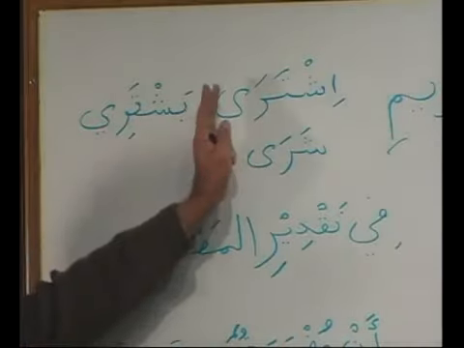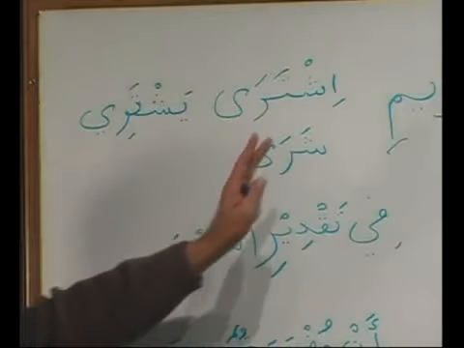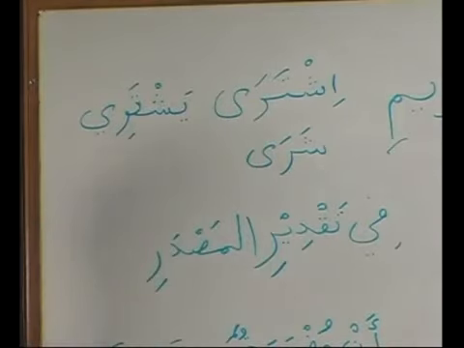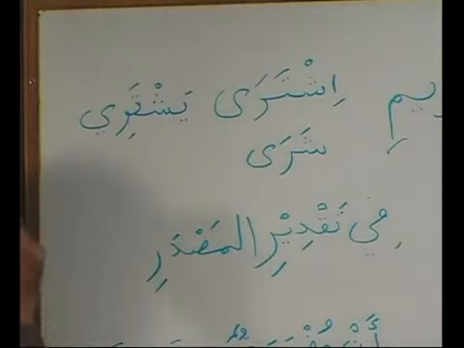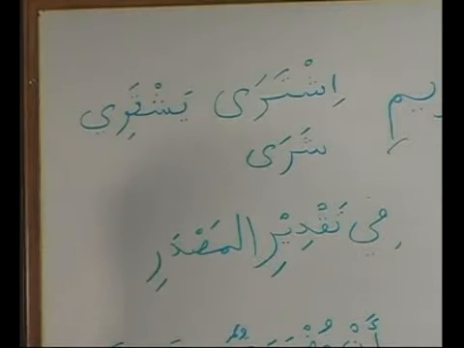So ishtara, yashtari. When kasra came, the ya became visible. Yashtari. How will you describe this? Fi'lun, mudari'un, marfu'un. No, Sister, you will only use mahalli if it is mabni. It is not mabni.